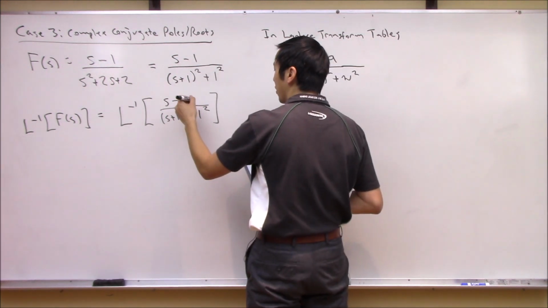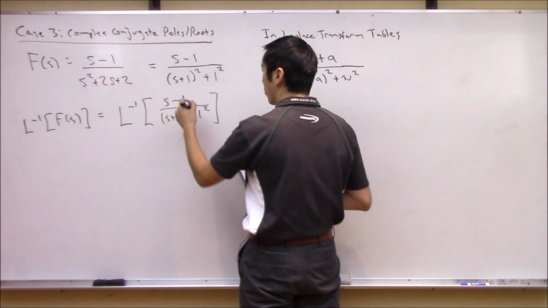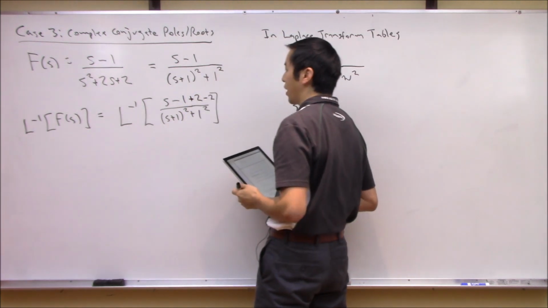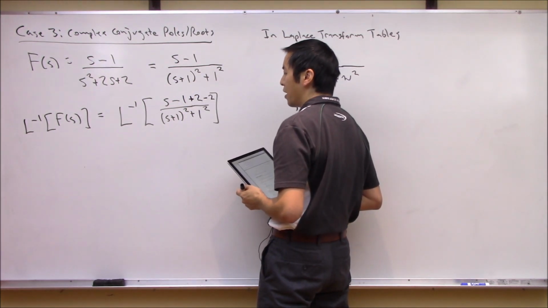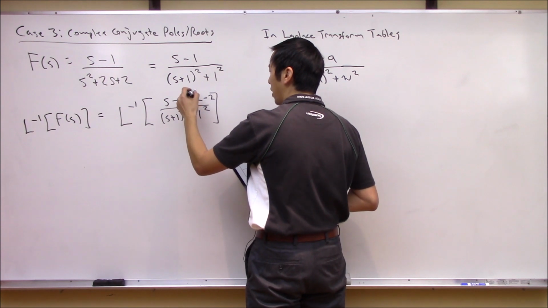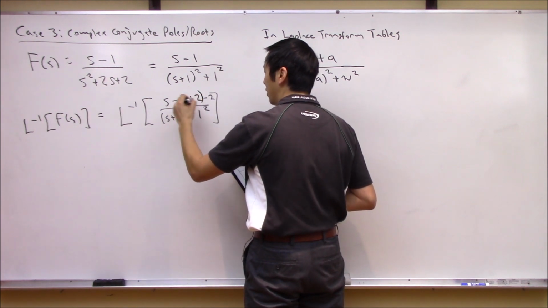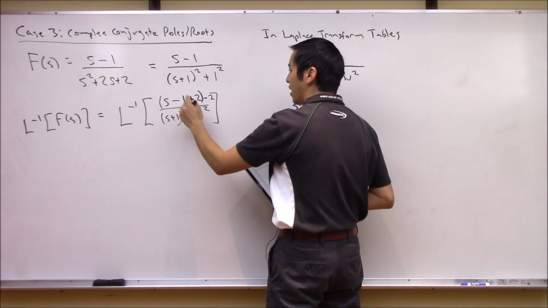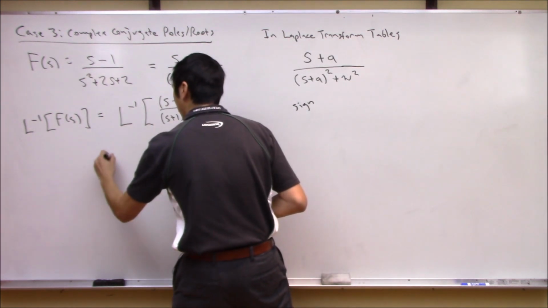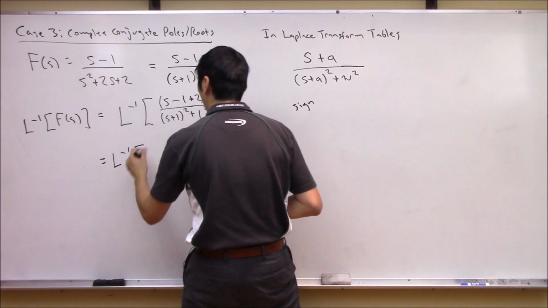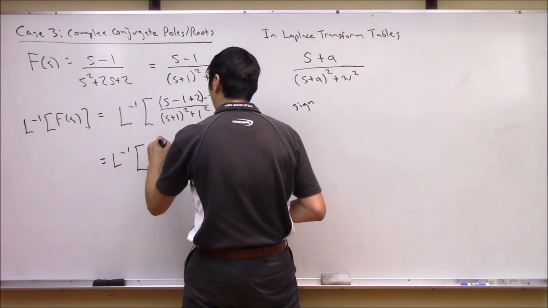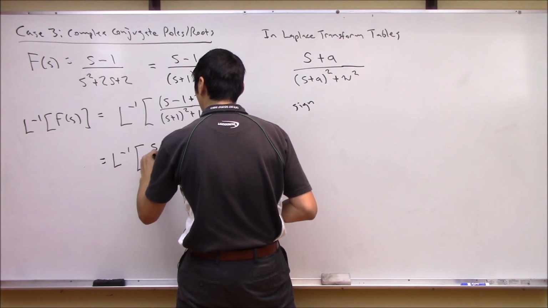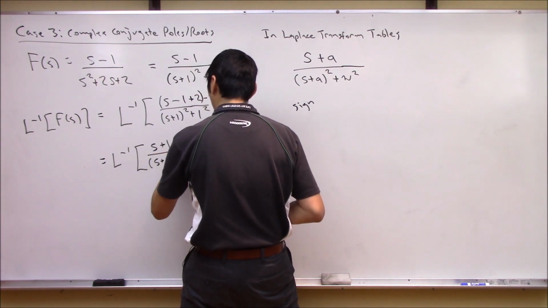What we're going to do here is, in the numerator, let's add 2 and then subtract 2. Okay? You'll agree that does nothing. But now I'm going to write a parentheses right here. And now this becomes the inverse Laplace transform of s plus 1 minus 2 all over s plus 1 squared plus 1 squared.